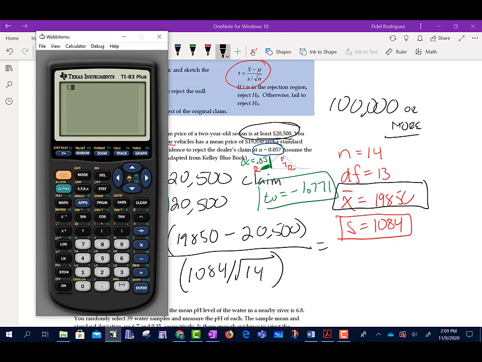I'm going to type in exactly what I see: 19,850 minus 20,500 divided by 1084 divided by the square root of 14. I've got to close the parentheses twice. I'm going to hit enter, and I'm going to go to 3 decimal places. I'm coming up with a negative 2.244.